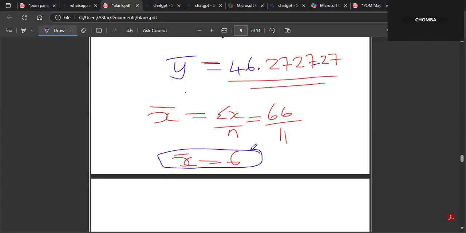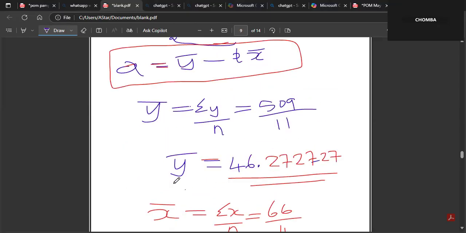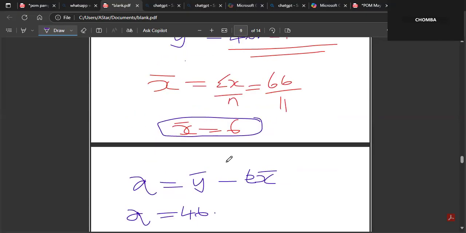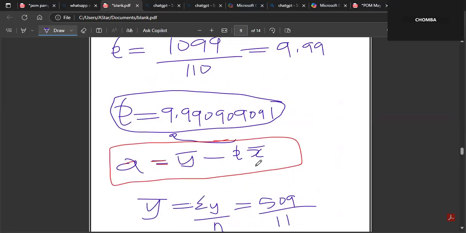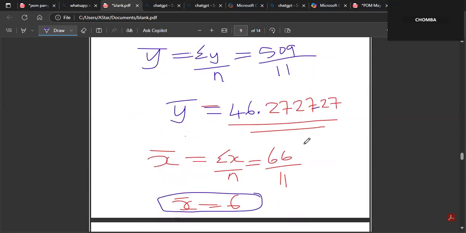So y bar minus b x bar. Our alpha is equal to our y bar, 46.27, 27, minus. Why are we not rounding off the figures? It's better you round off the final ones. I'd go for at least 5 decimal places.